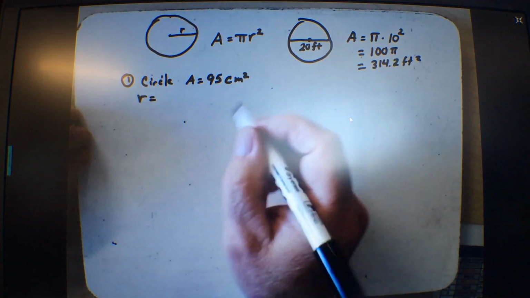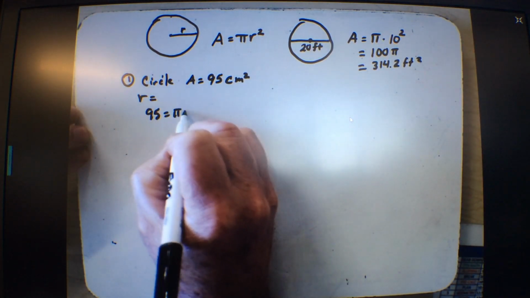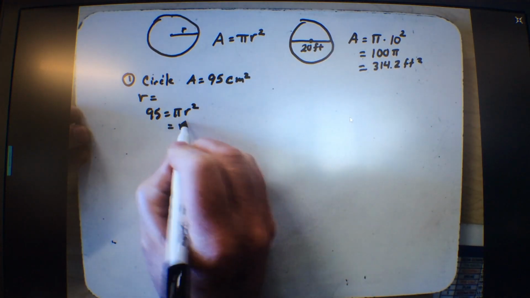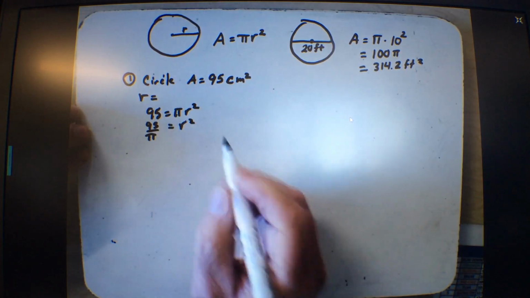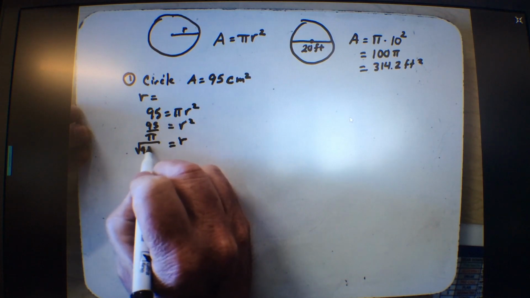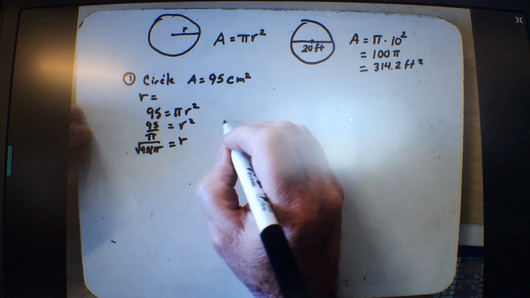Okay, I like to use the formula. So I like to put 95 equals pi r squared. Correct? Because I want you to put this into your calculator. It is 95 divided by pi, which I heard you guys say, but it is also the square root of that.